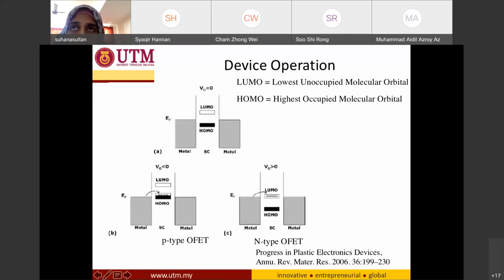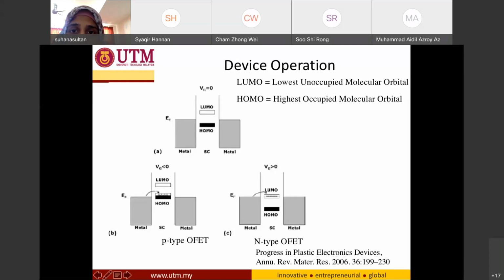But in organic, I have looked into research papers and some books. They prefer to use the terms LUMO and HOMO instead of valence band and conduction band, because of the band structure of the organic semiconductor. So don't be surprised if you find these terms.